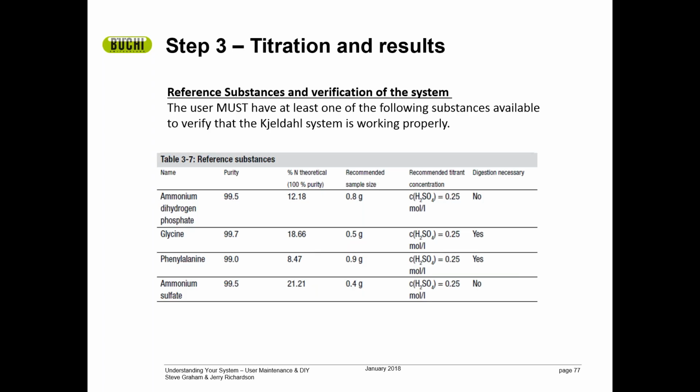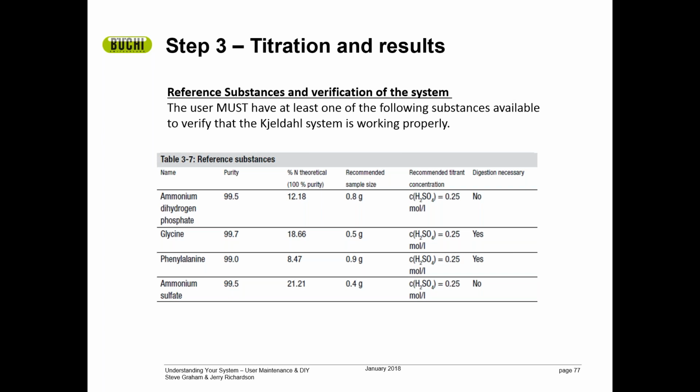Okay, the reference substances that are generally used for verification are as follows. We have two different sets of reference substances. Ammonium dihydrogen phosphate and ammonium sulfate are used to look at nitrogen, or the ammonia end of this equation.